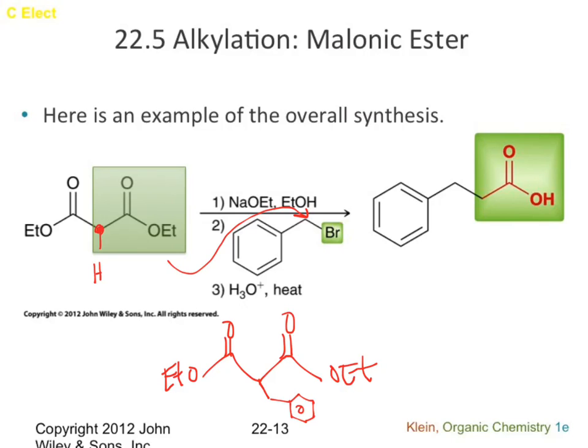We add the H3O+, which will hydrolyze our esters into carboxylic acids, and we'd have the diacid. If we give that just a little bit of heat, we can cause enough energy to break off one of those CO2s, and we end up with our final carboxylic acid product. Okay? So in the course of the reaction, what we've done is, again, added 2 carbons, 2 oxygens.